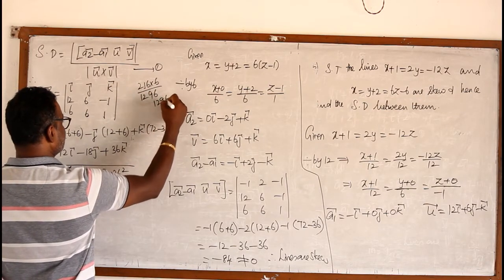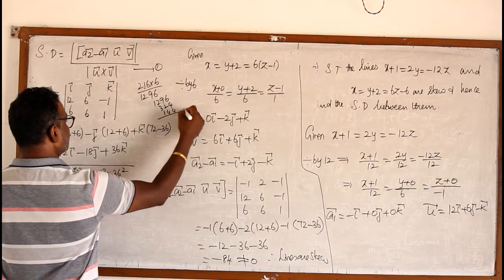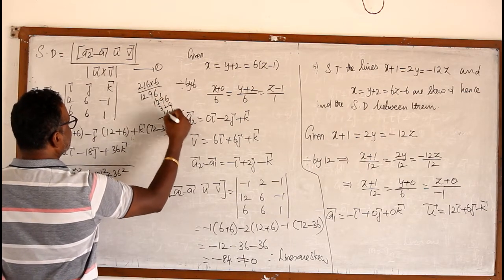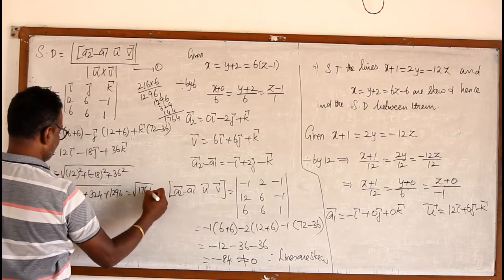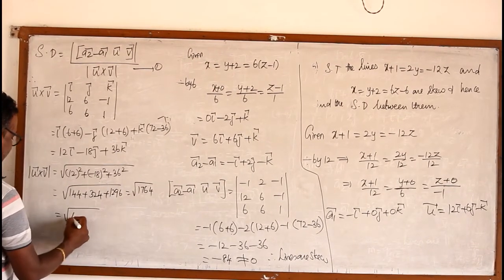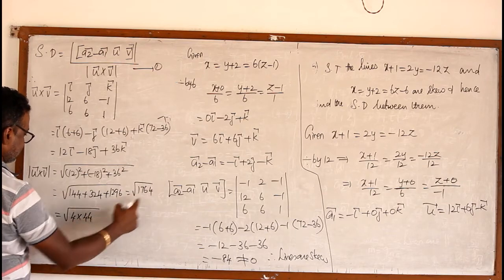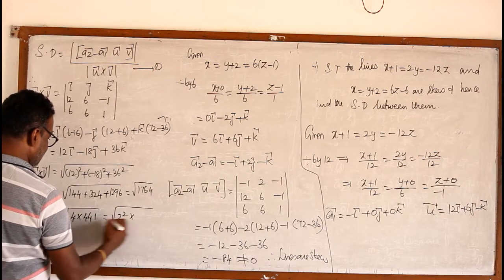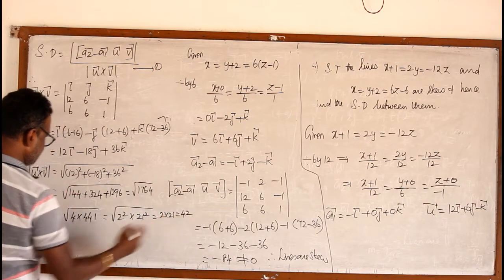So 1296 plus 324 plus 144 is 1764. It is the root of 1764. This can be divided by 4: 1764 divided by 4 is 441. Remember 4 is 2 square, 441 is 21 square. So 2 into 21 gives the square root as 42.